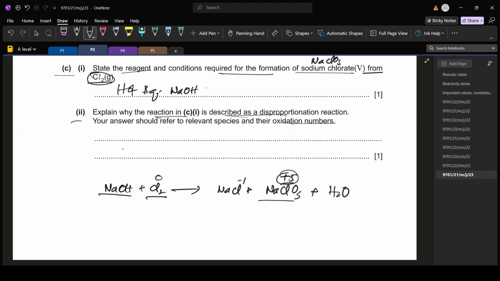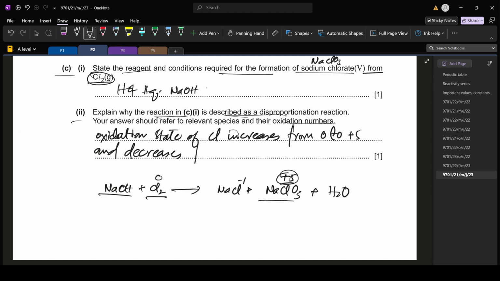So for the chlorine, you can say that the oxidation state of chlorine increases from 0 to +5 and decreases from 0 to -1.